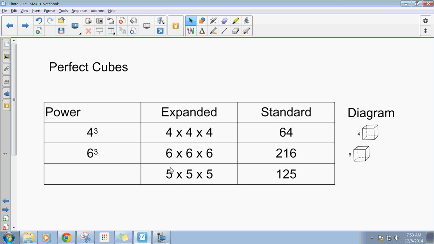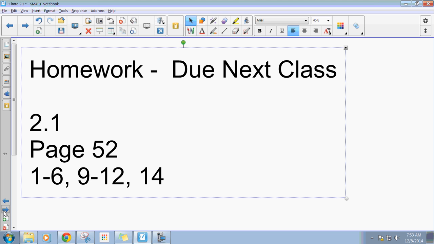I need to write it 3 times because I rooted it cubically. 1, 2, 3 for cube. I'm also going to write down the power, 5 to the power of 3, and finish with the drawing. 5 on the side length beside the cube, and if I could write it in with teeny tiny letters, it would be 125 in the middle representing volume.